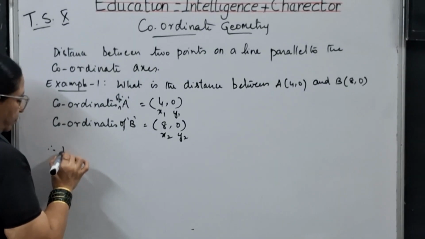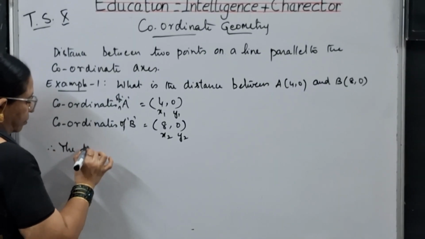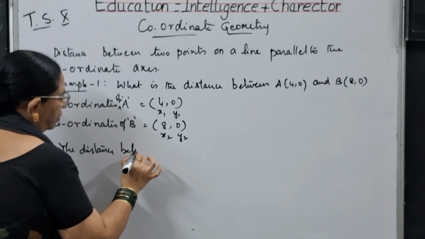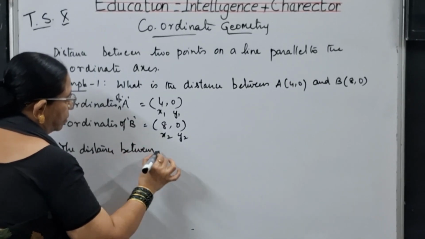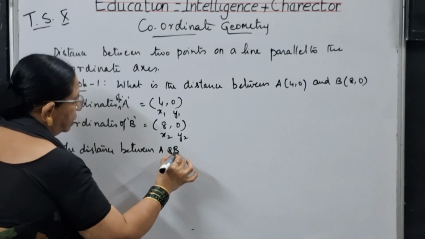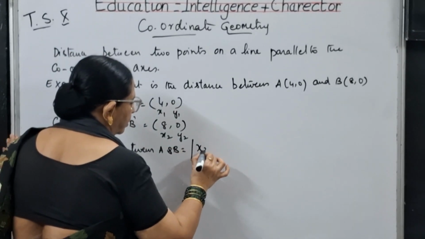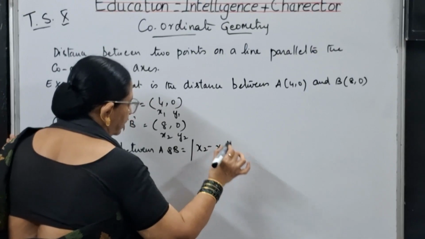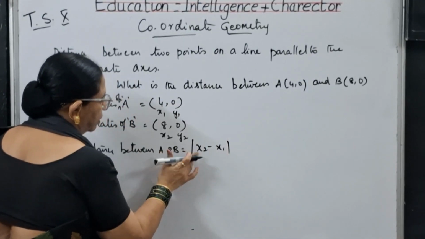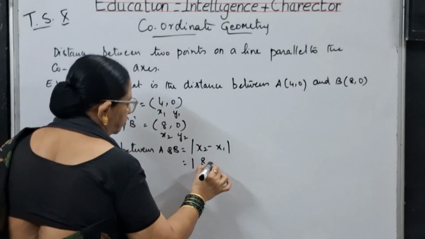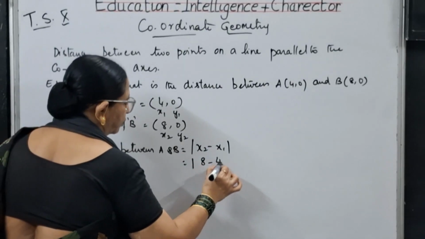Therefore, the distance between A and B is equal to, what formula will we use? Modulus x2 minus x1. So what is the value here? Modulus of x2, which is 8, minus x1, which is 4.